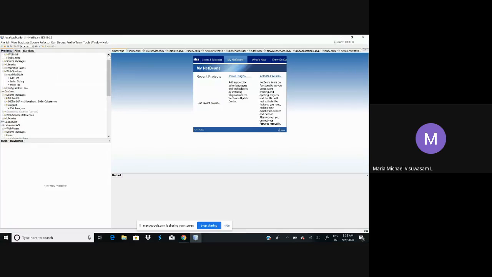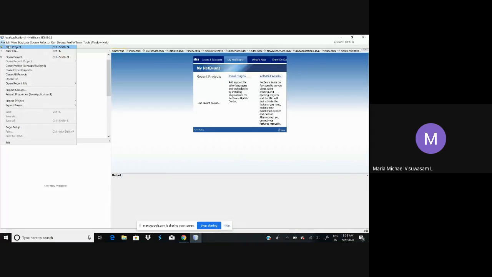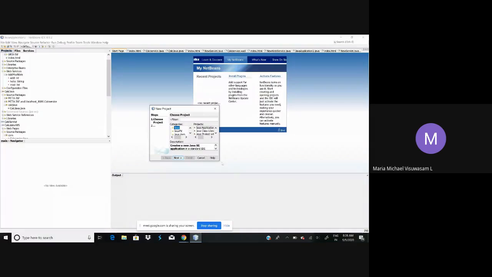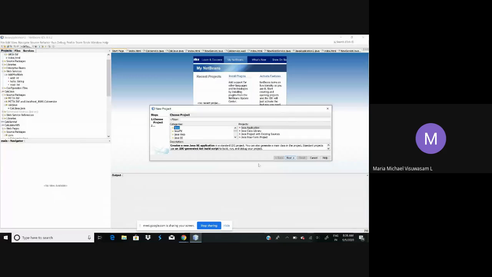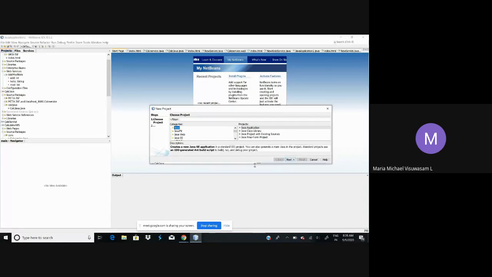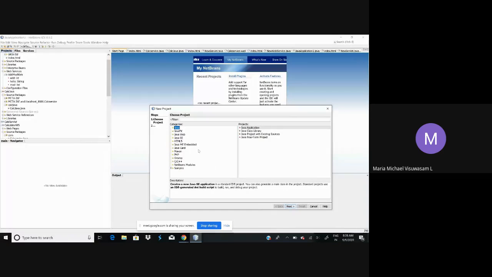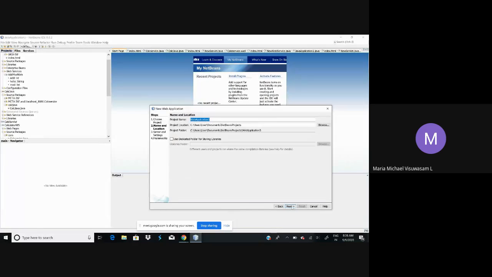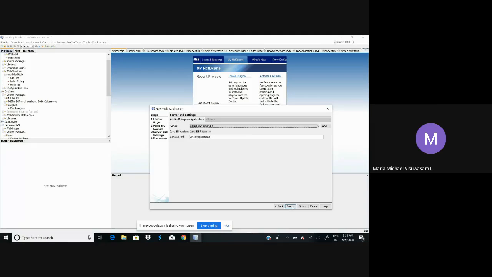So the procedure to create a simple servlet is: go to File, New Project, select Java Web Application, next, put the name for the project name and press next.